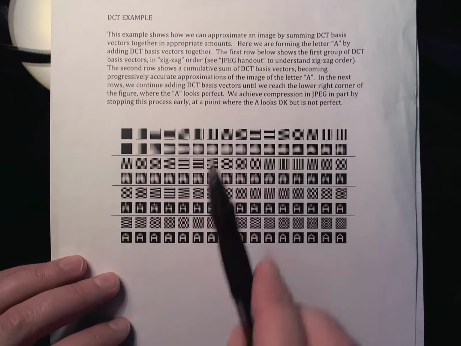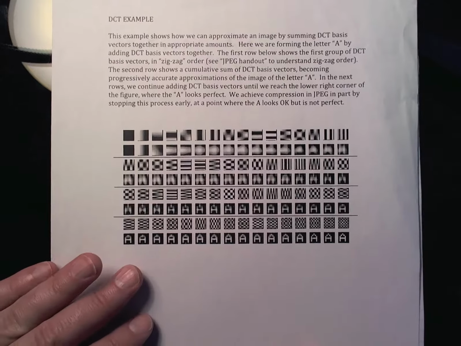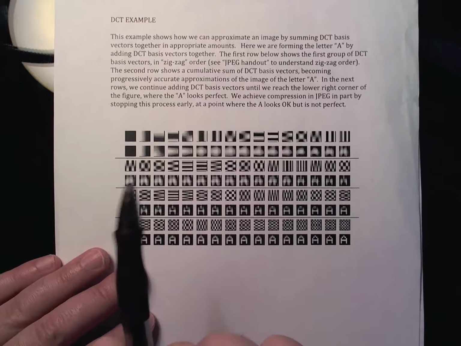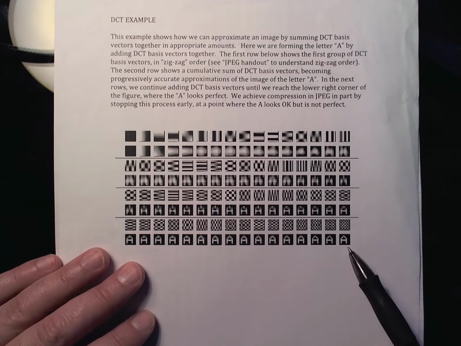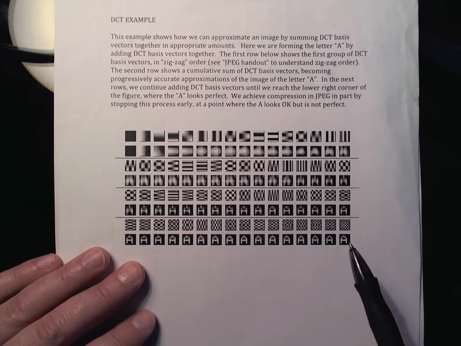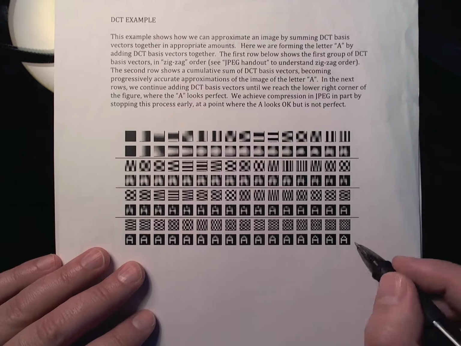I'm going to upload this, so you don't need to write this down. So let's say that we have an image of the letter A, and we want to compress this image to store it in a way that's as compact as possible. Now, this letter A is probably 8 by 8 pixels.